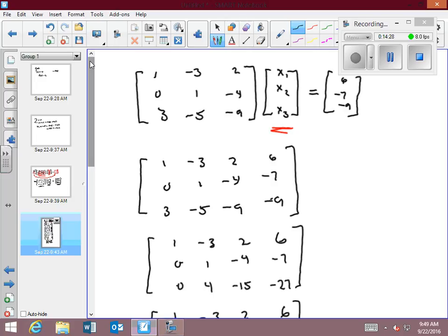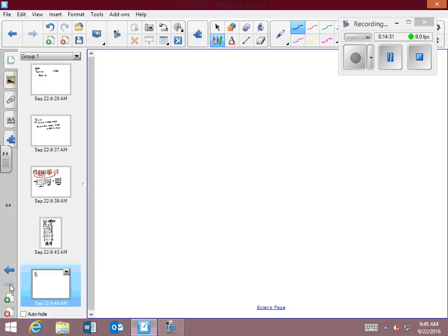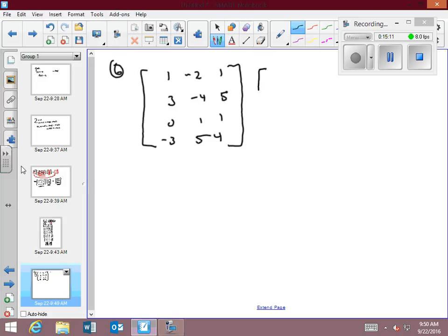Okay, let's look at 6. Once again, we got this matrix: 1, 2, and so on. Because there are 3 columns, although there are 4 rows, this is x1, x2, x3.